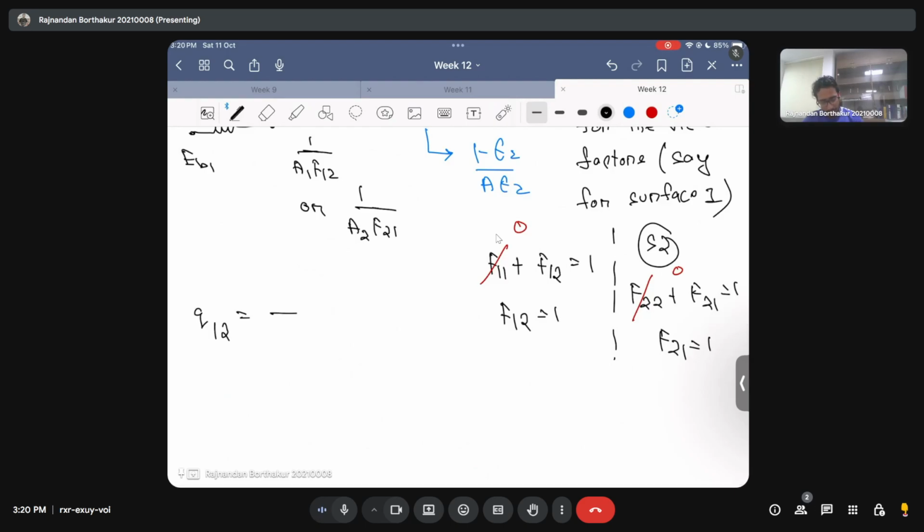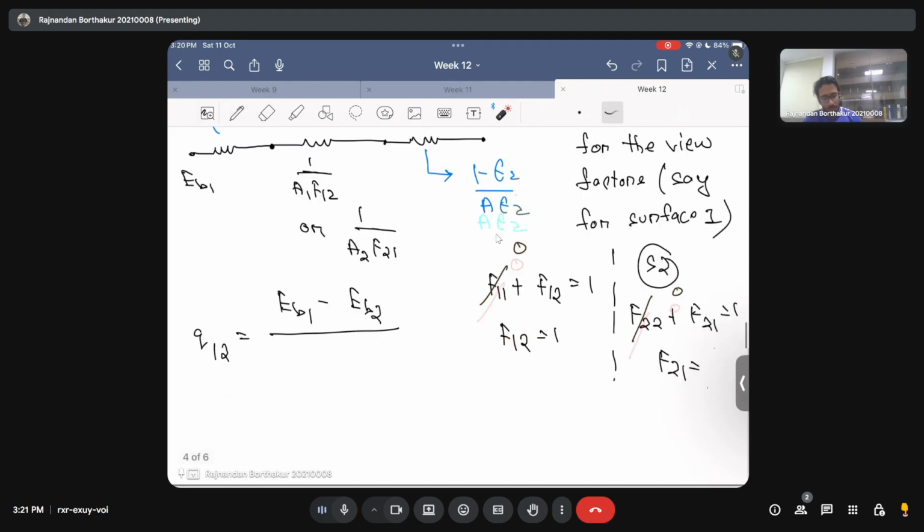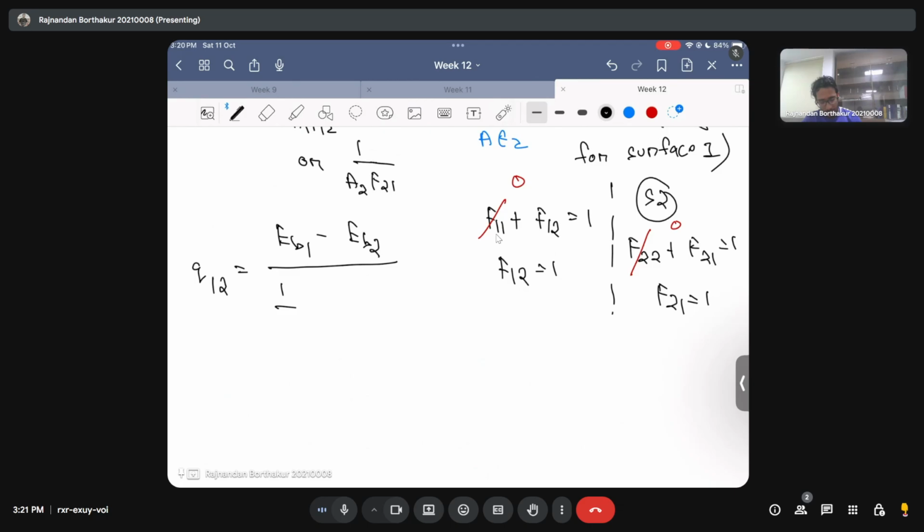And then this net radiation exchange will be equal to EB1 minus EB2, which is the difference between the extreme emissive power nodes, divided by the sum of all the resistances, which is 1 minus epsilon 1 by A1 epsilon 1 plus 1 by A1 F12 plus 1 minus epsilon 2 by A2 epsilon 2.